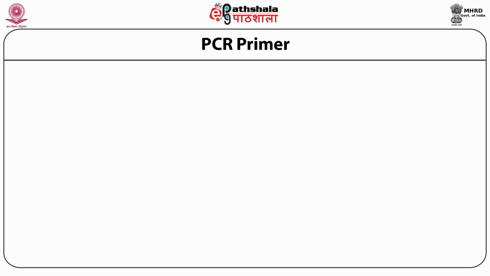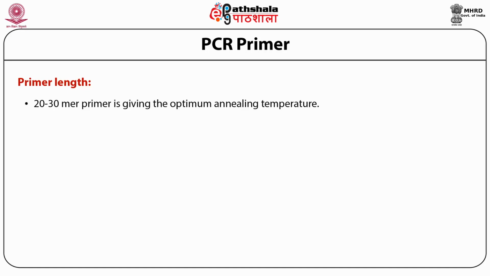Now come to the PCR primer. The PCR primer is a very important component to perform a PCR cycle. Here again there are limiting factors such as primer length. Normally the primer length should be 20 to 30 mers.